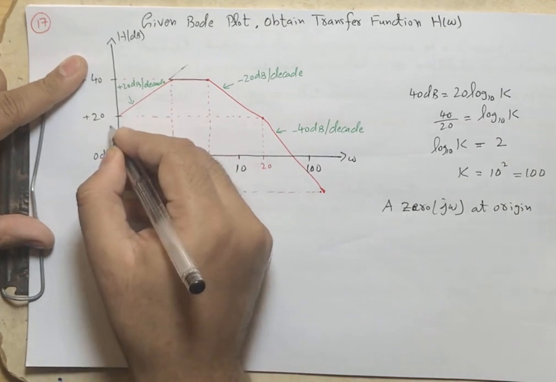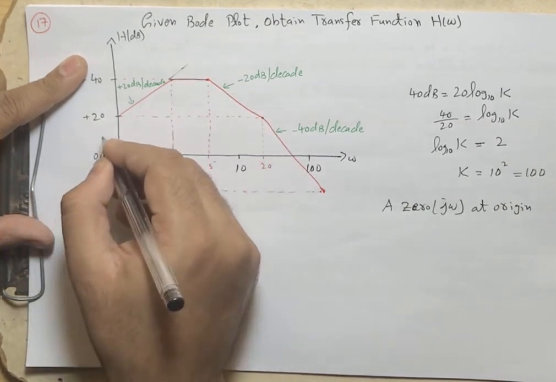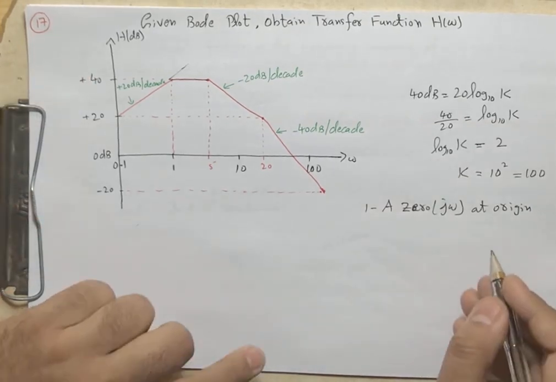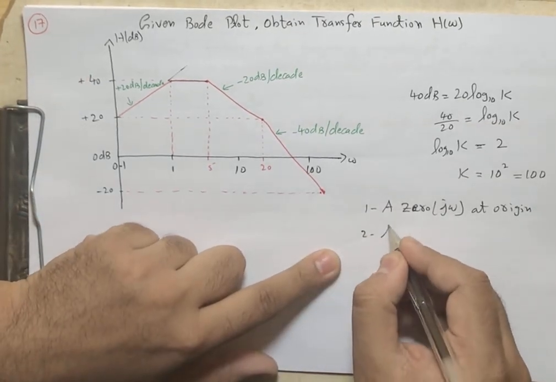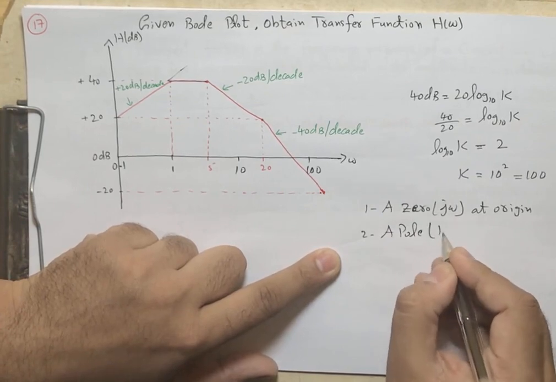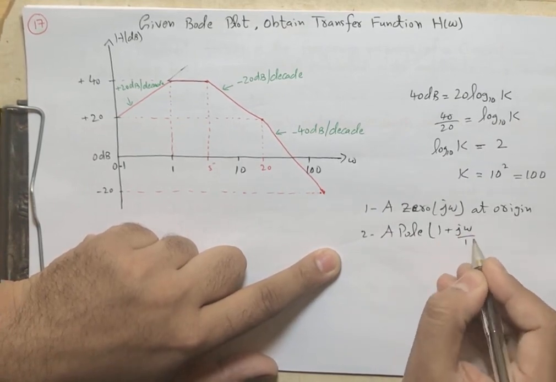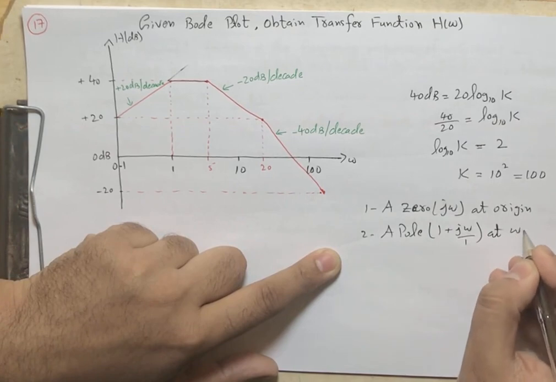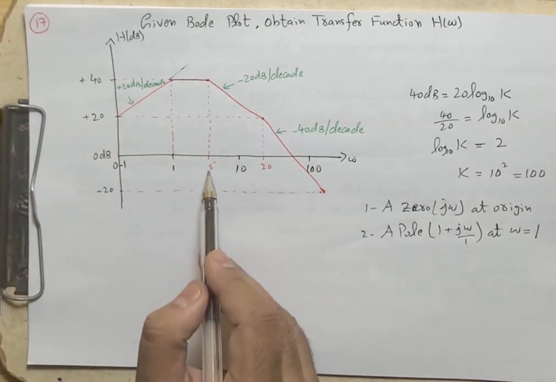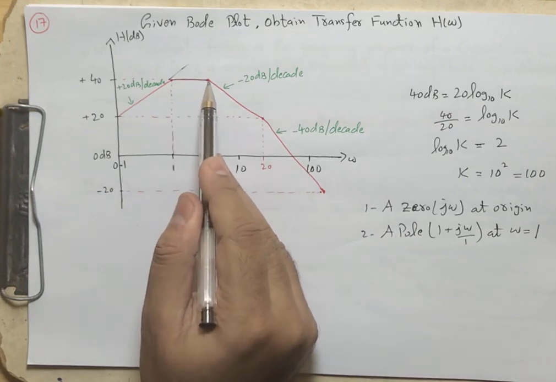After seeing this initial slope, I can say that I have a zero j omega at origin, and then I have a pole 1 plus j omega over 1 at omega is equal to 1. Then you have a slope change again at omega is equal to 5.